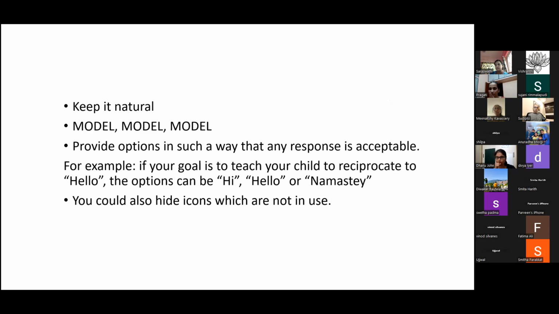Yeah, I think in fact at this point of time, the parents themselves can model saying that I am a little shy. I would require some time, or I'll talk to you later. These kind of options. If the parents themselves can model for the child, later the child can pick it up. Or even to say how are you today.